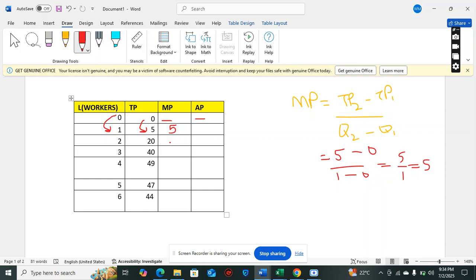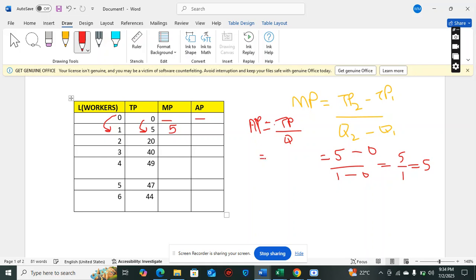Marginal product is just the additional output each worker brings. Then average product, think of it as the output per worker. It's just the total product, total output, over the number of workers.